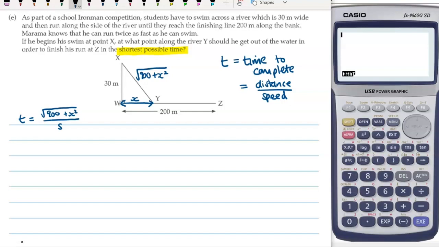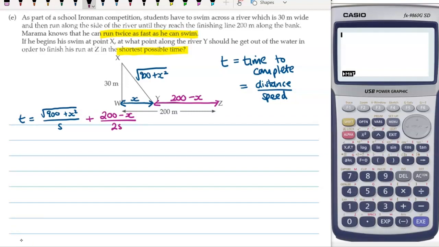Then the second section here, it will be 200 minus x. So the time he takes to do that bit will be his distance divided by the speed on that section. Now we're told on that section he can run twice as fast as he can swim, so the speed there will be 2 lots of s.